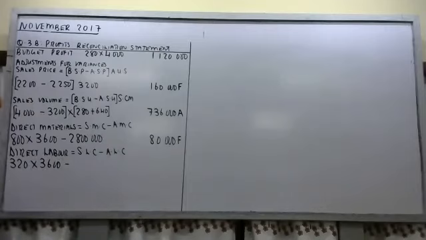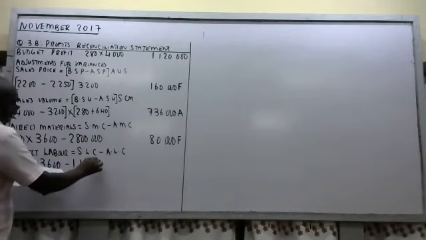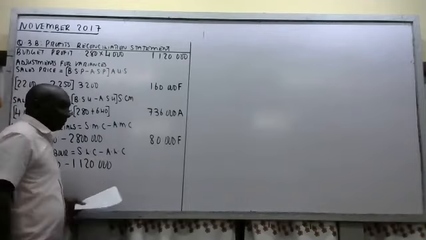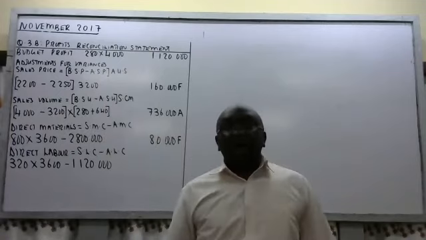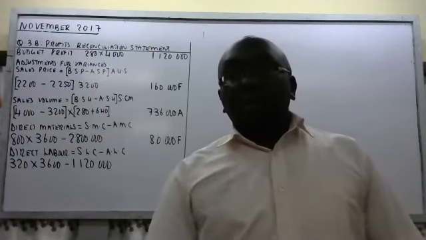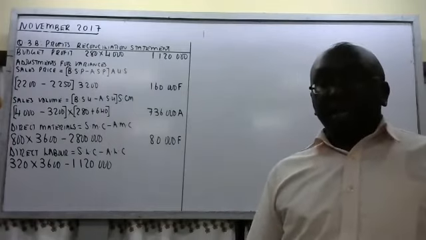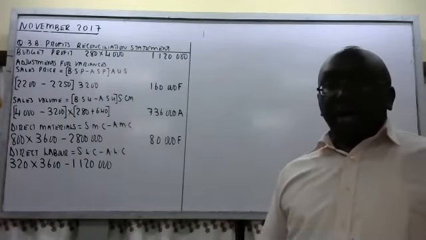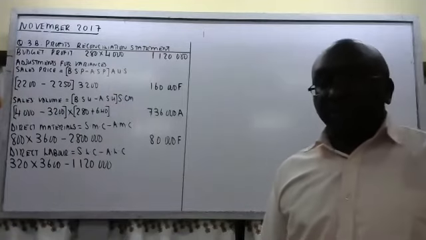Minus, looking at the actual results, you find labor was 1,120,000. So tell me what that figure should be, and tell me whether it is favorable or adverse.